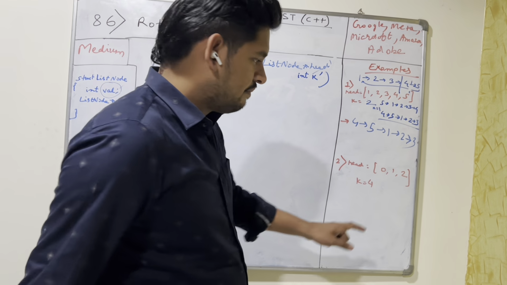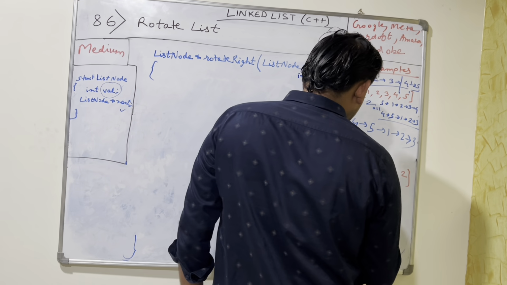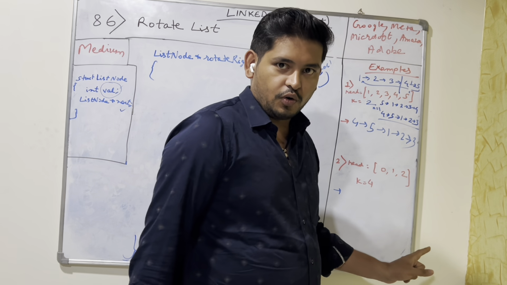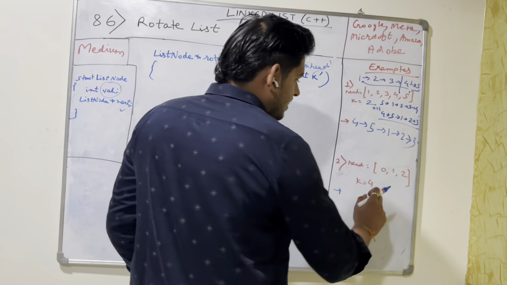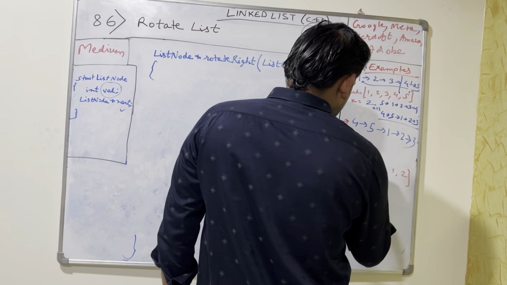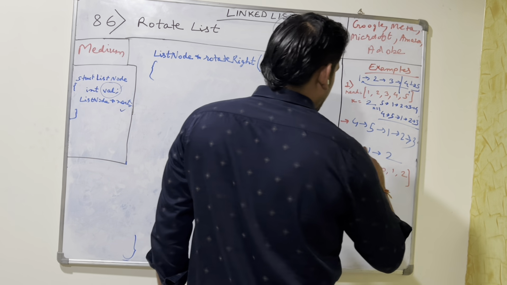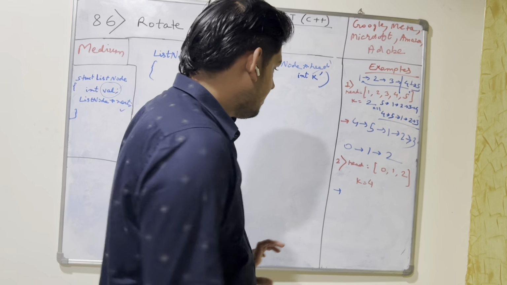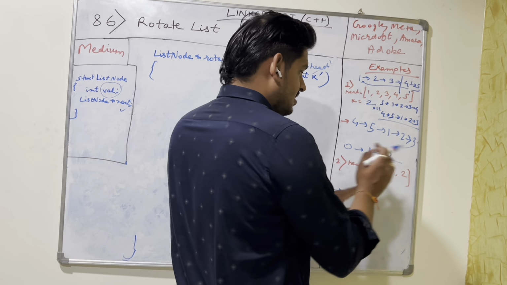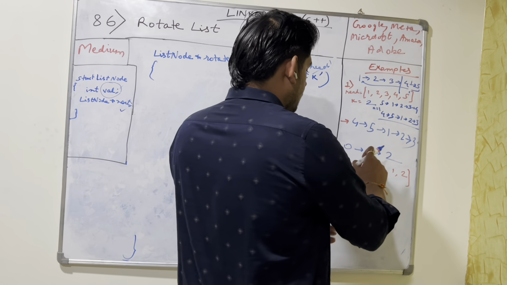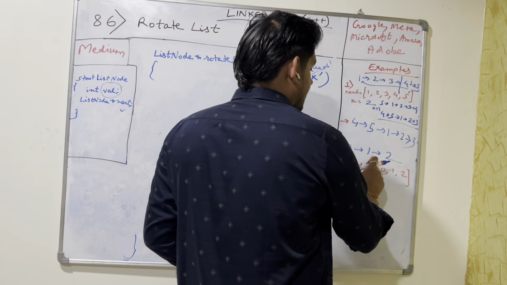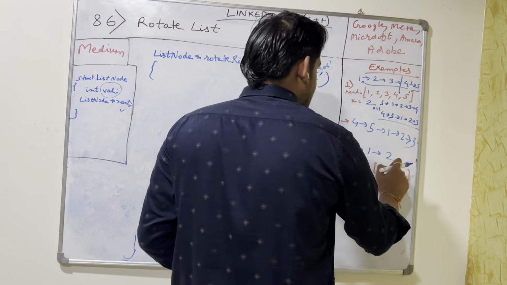In the second example, we have 0, 1, 2 and k is equal to 4. There are only 3 numbers in the linked list: 0 pointing to 1 pointing to 2. If k was 3, then once reversed 2 will be pointing to 0 with 1 at the end, then on the second rotation 0 is at the end, then one more time 2 is at the end.